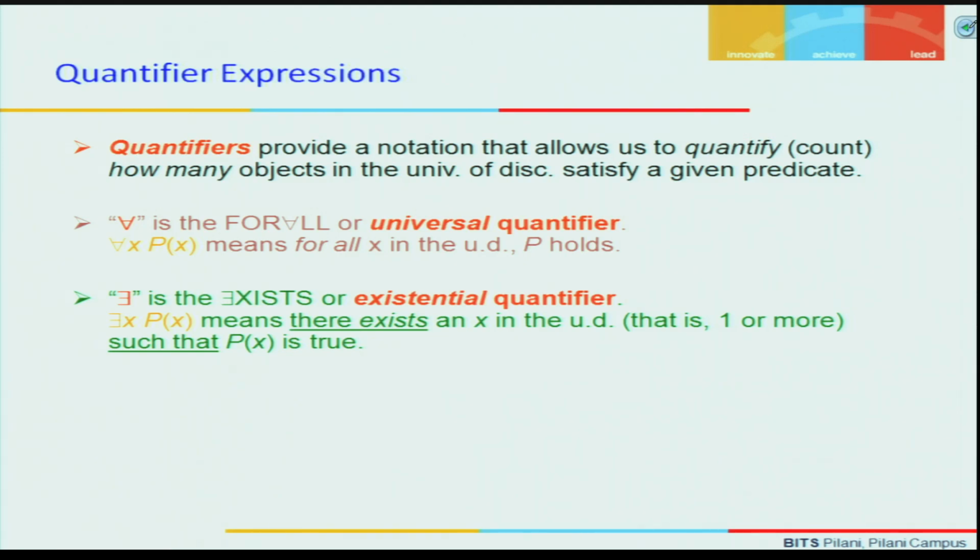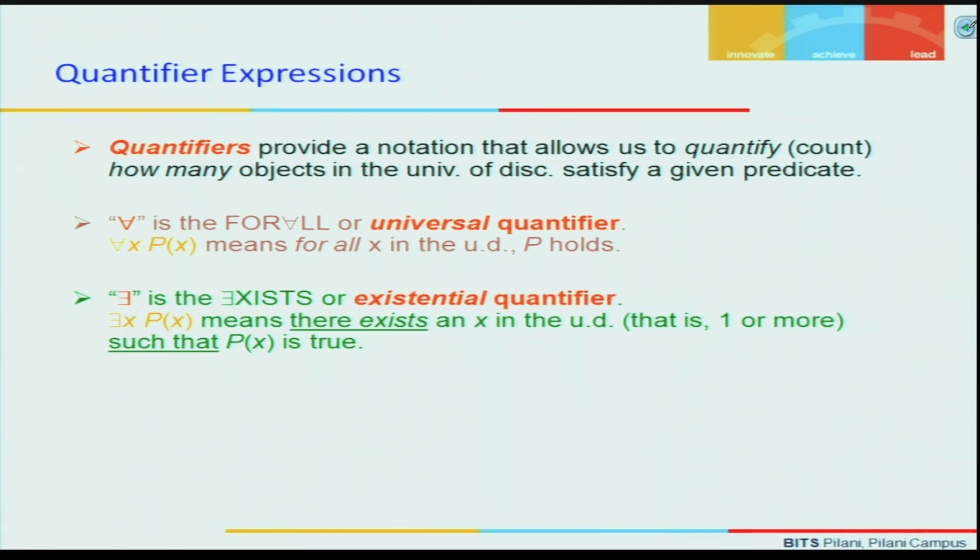I am making this statement because of some quantifiers that are there in predicate logic. Basically, quantifiers provide a notation that allows us to quantify, to count how many objects in the universe of discourse satisfy a given predicate.